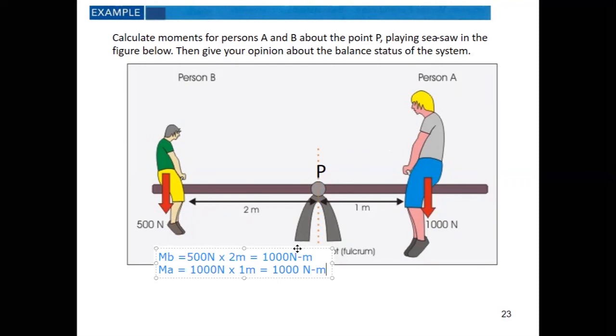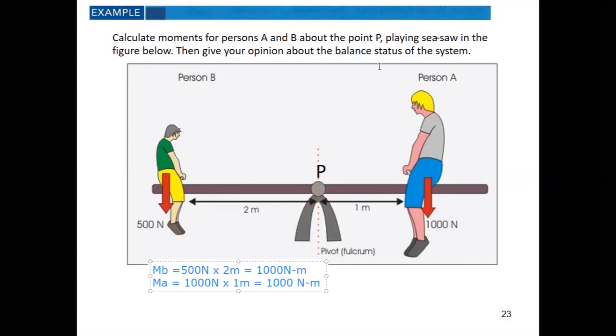But mark something here: this person's weight is half of this person's, so the distance from the point P is longer. This one's distance is 1 meter, whereas this one is 2 meters. The distance is half because the weight is double. This means if the force is less and we apply it close to the axis, the moment will be less.